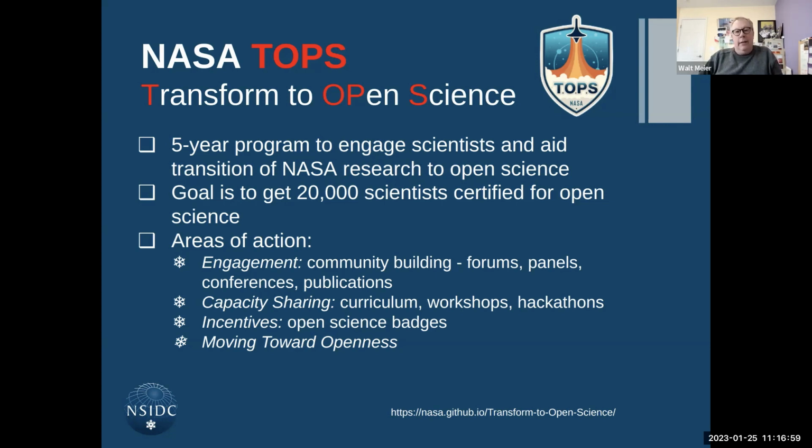I think it's like $20 million a year to really push to educate scientists and others working with NASA data to develop open science methodologies and start working in a more open manner. There's a goal to get at least 20,000 scientists certified for open science. I'll talk about that in a moment, what that means. And there's the main focus, engagement and community building.